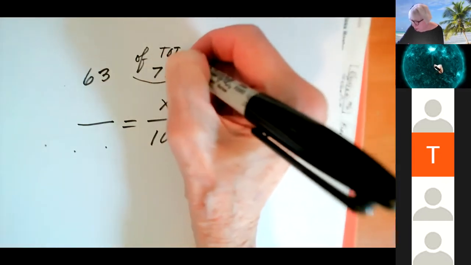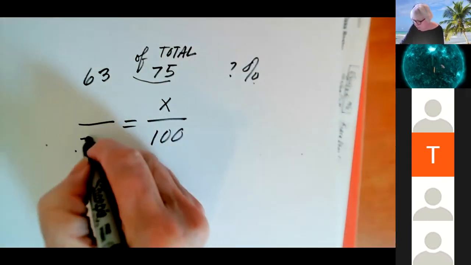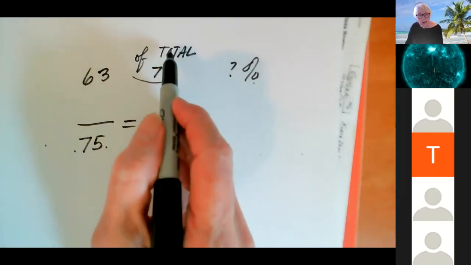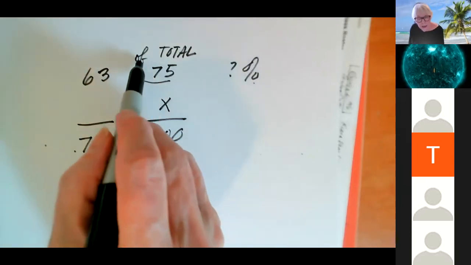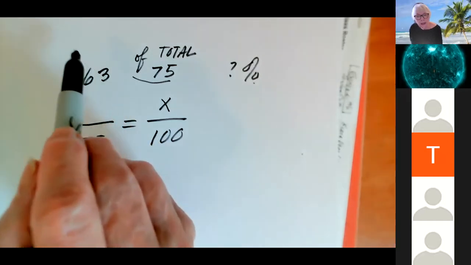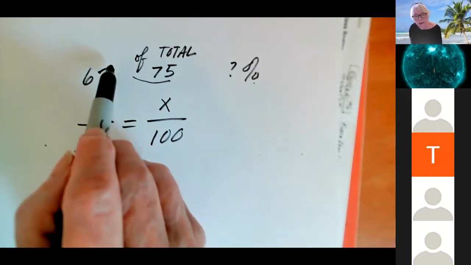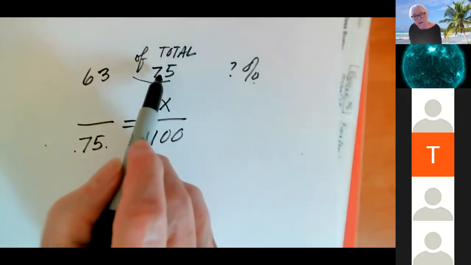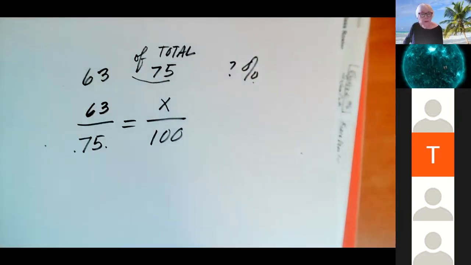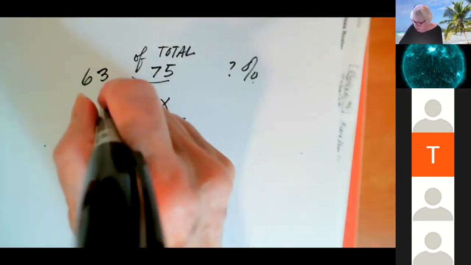It precedes the total. So yeah, 75 is the total. There was more to this sentence. I understand what you're saying is the word of can be used to mean multiply, but 63 of the free throws out of 75 total, that makes this 63. Okay, and so then what do?